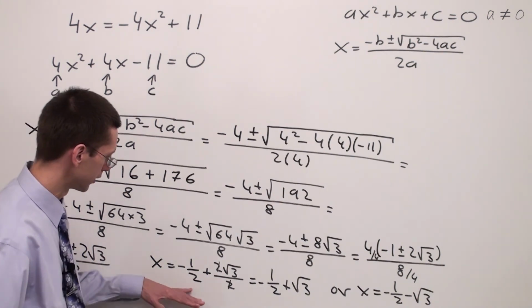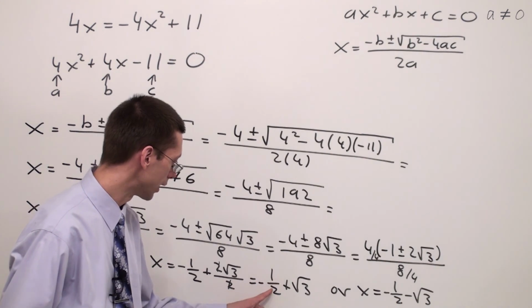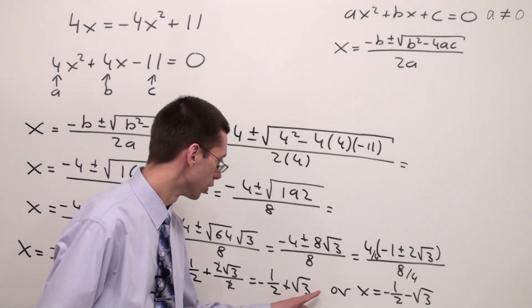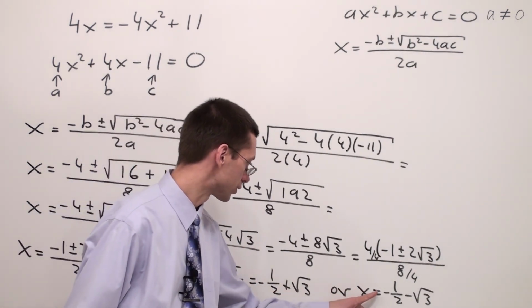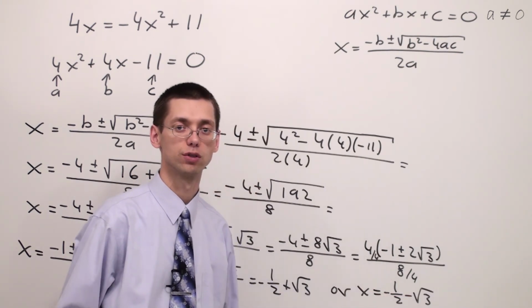So we can say that these two values of x, I mean negative 1/2 plus square root of 3, or x equals negative 1/2 minus square root of 3, are correct solutions to my problem.